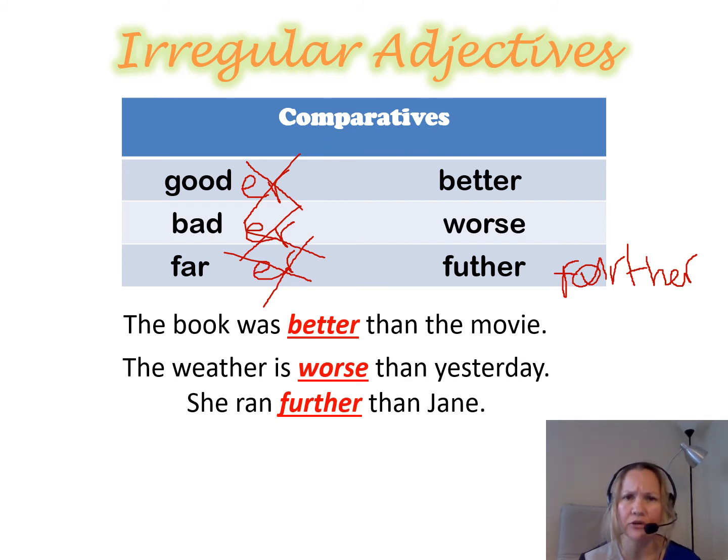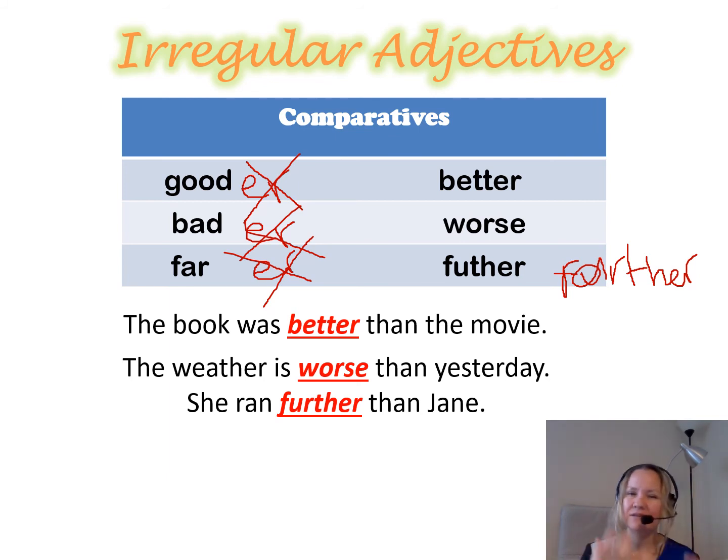If you have a look at some of the examples that I've got for you. The book was better than the movie. Again, as an adjective we used good, but because we're comparing the book to a movie, we have to use better. The weather is worse today than yesterday. So again, I'm comparing 2 things, the weather today and the weather yesterday.